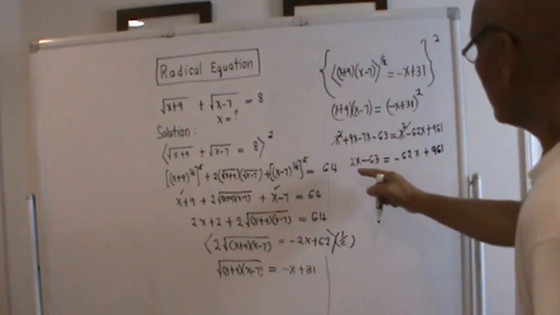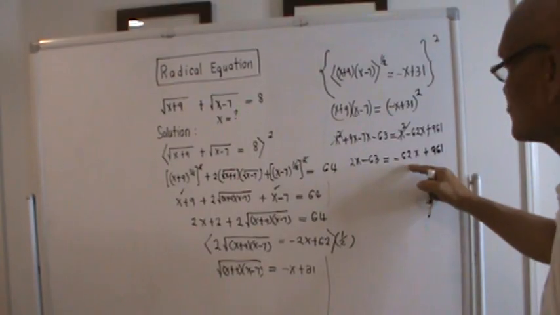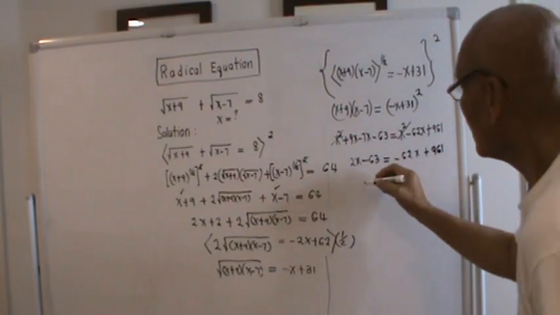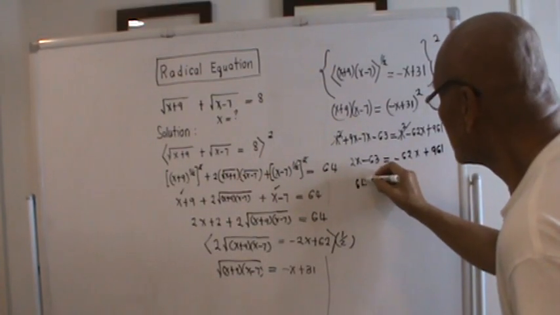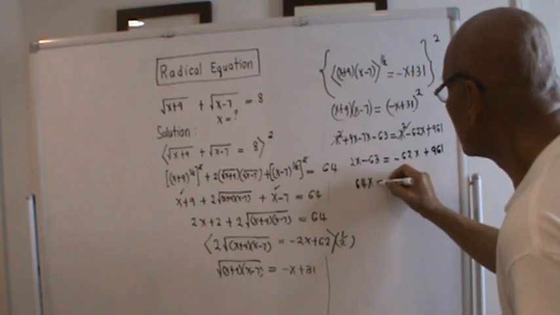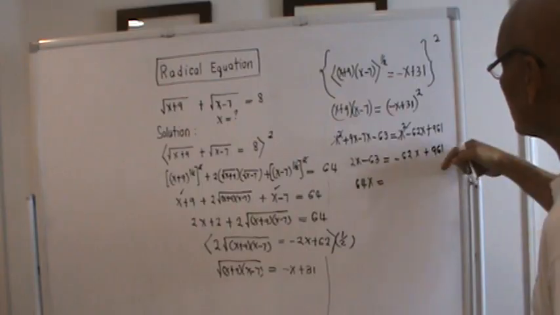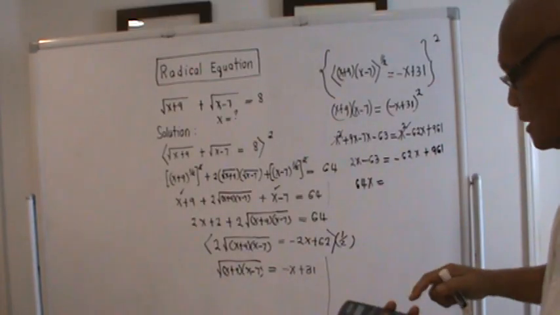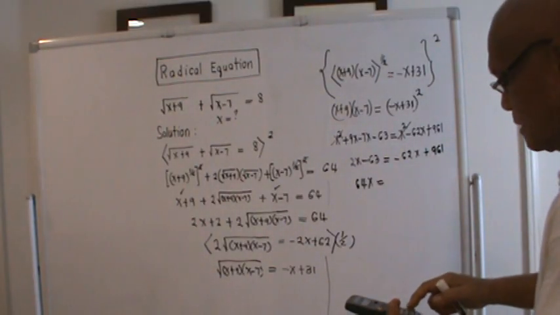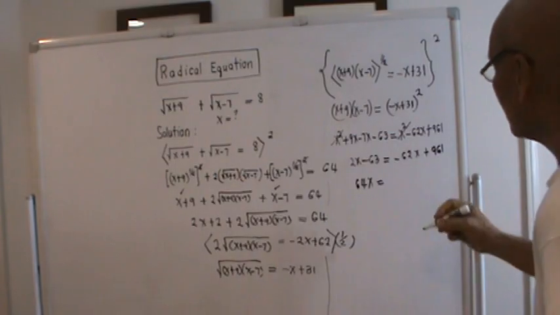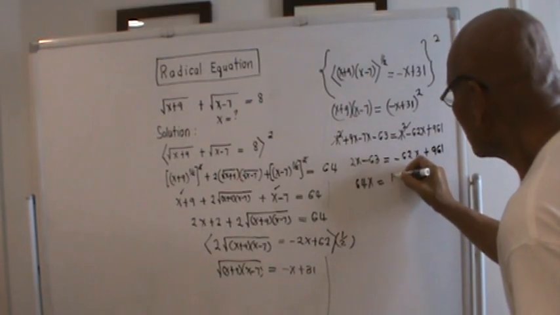This is 2x, we transpose it to the left and it becomes 64x, and this should be equal to negative 63, which we transpose to the right, so 961 plus 63 becomes 1024 now.